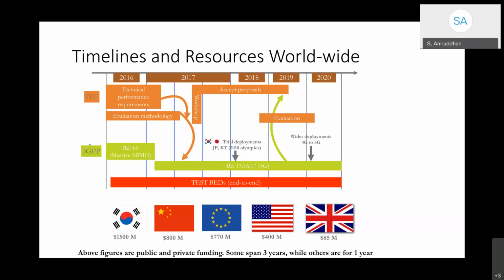So 3GPP is the organization of companies that get together and build a standard, but the standard has to be ratified by the International Telecommunication Union, which is a UN body, where countries have representatives in ITU. 3GPP has representation from companies. As you might imagine, ITU, starting from 3G onwards, has taken direction from 3GPP as to what standards should be chosen for cellular communication.